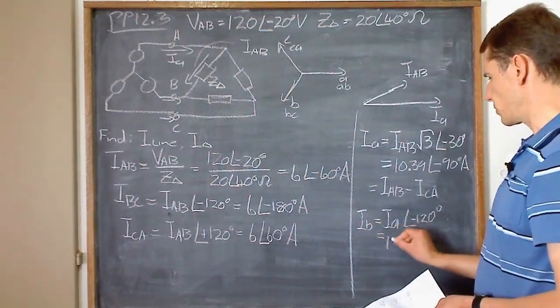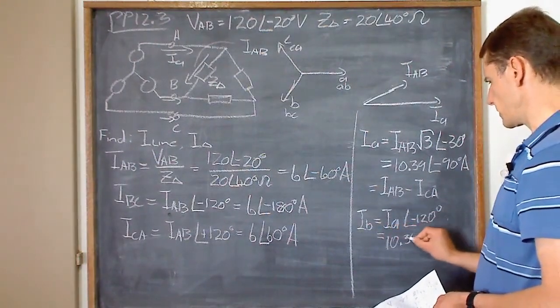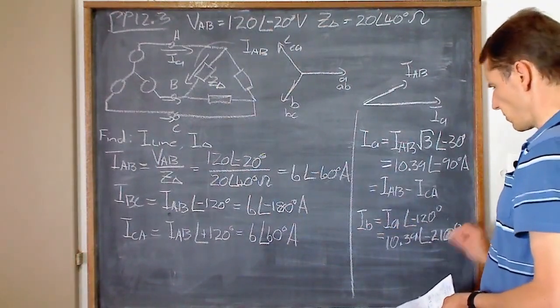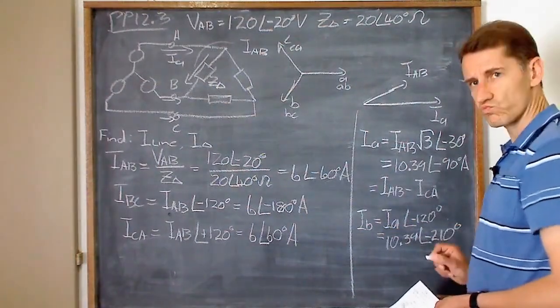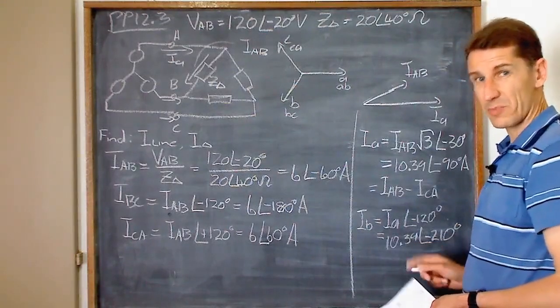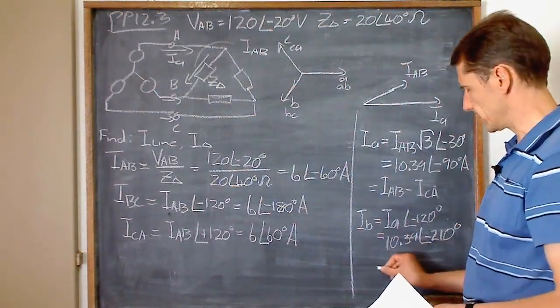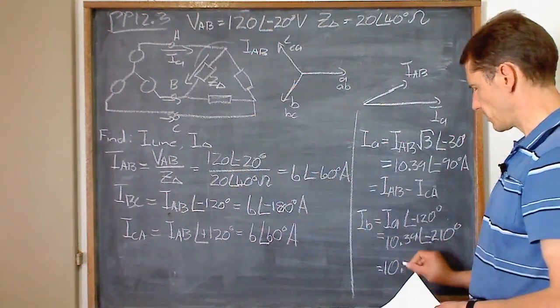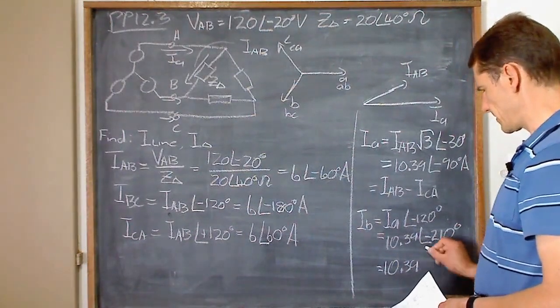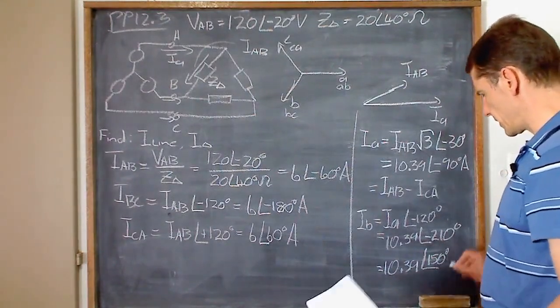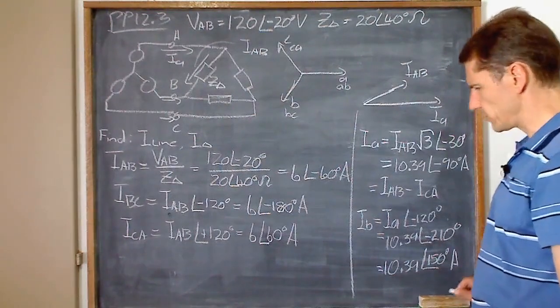So that's going to give you 10.39 angle minus 210. What's wrong here? Mathematically nothing, but what's our boundary? It's plus or minus 180. So let's rewrite it as 10.39 angle 150 degrees, so that we keep within our boundaries.